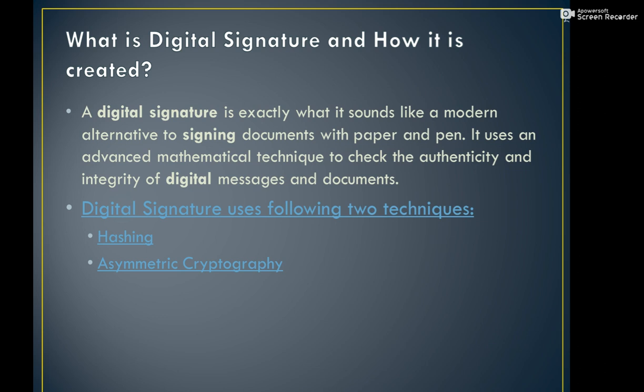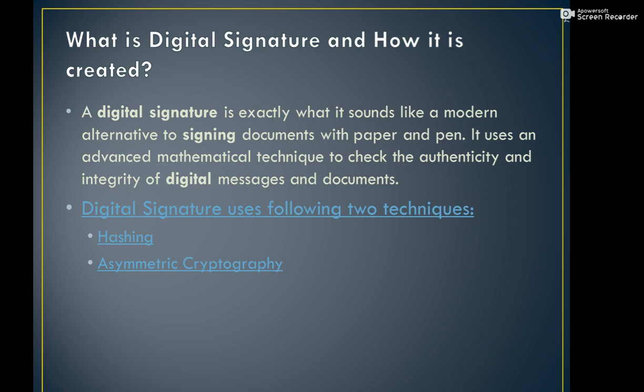So a digital signature is exactly what it sounds like, a modern alternative to signing documents with paper and pen. It uses an advanced mathematical technique to check the authenticity and integrity of digital messages and documents.